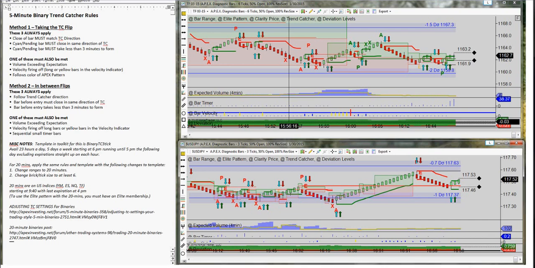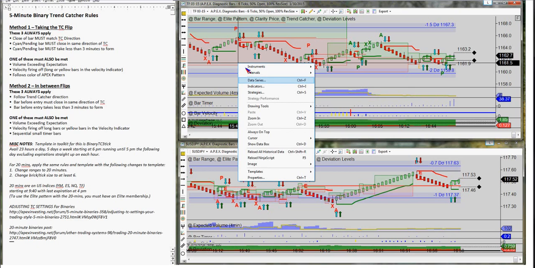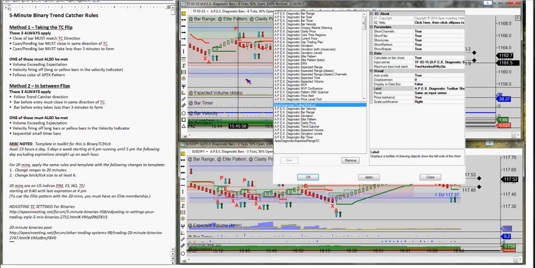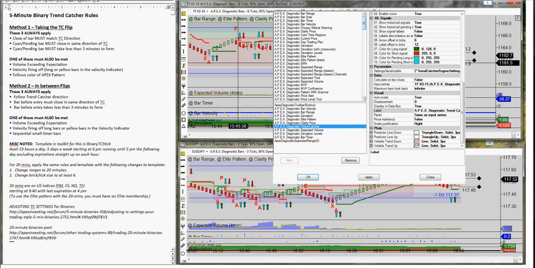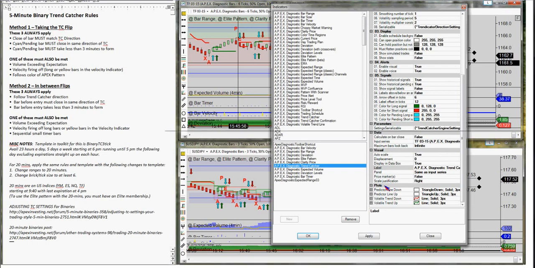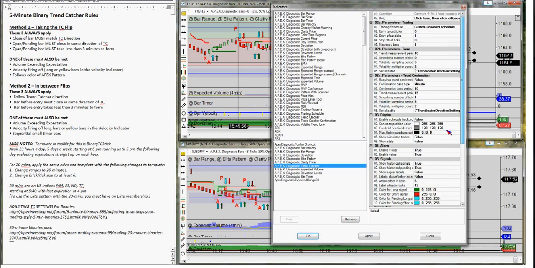I started to say about the settings. There are just two settings that really apply to the binaries, and that is in the trend catcher. I'm going to pull it up here. Those settings are right here.